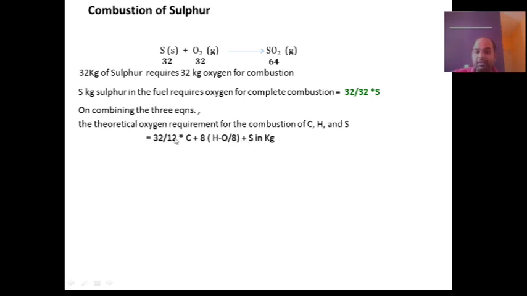All of these expressed in kilograms. So carbon amount is expressed in kilograms, hydrogen amount is expressed in kilograms, oxygen amount is expressed in kilograms, and sulfur amount is expressed in kilograms. Okay, if you express all these things in kilograms, you can actually find the total amount of molecular oxygen required in kilograms for complete combustion.